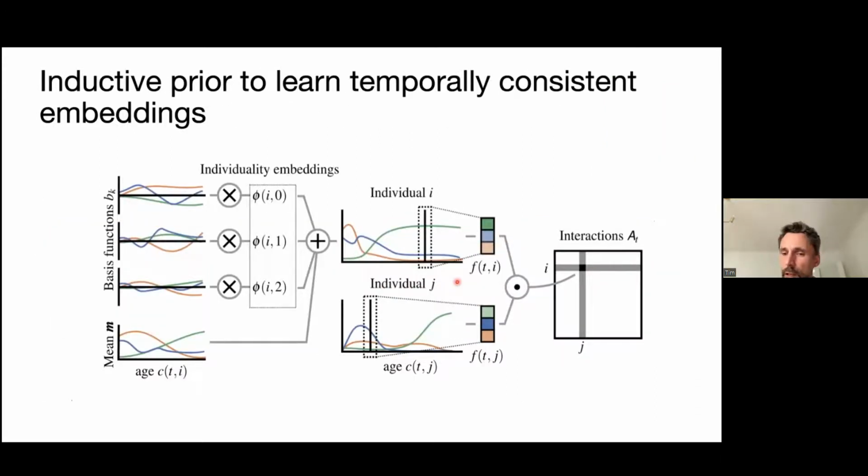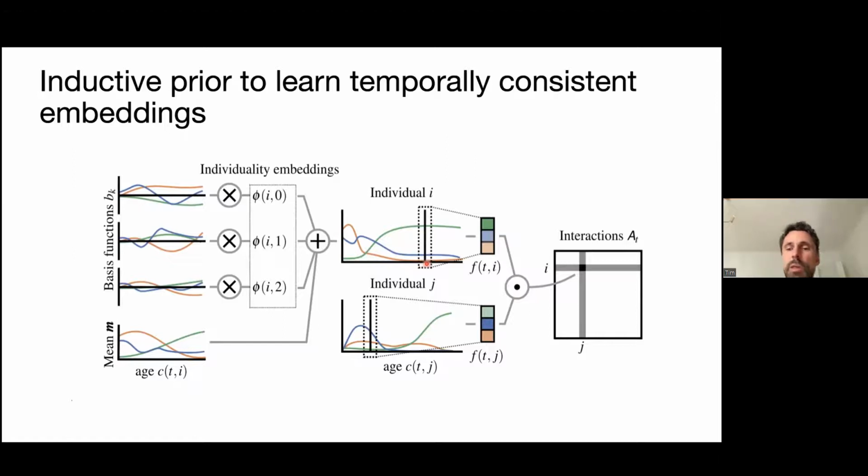So we still want to approximate the interaction matrix shown here for an individual J and I. This interaction strength now needs to be factorized into two vectors, one reflecting the individual I in her specific age.